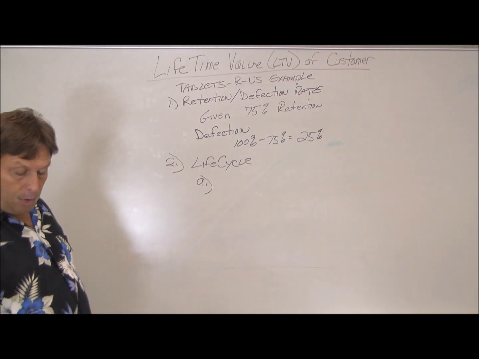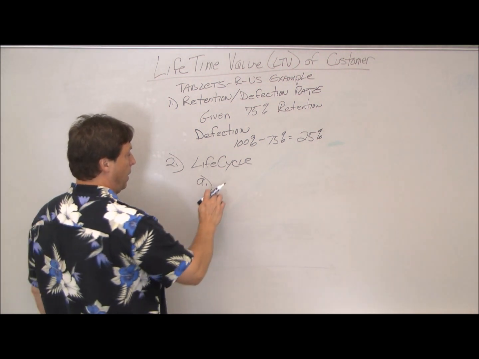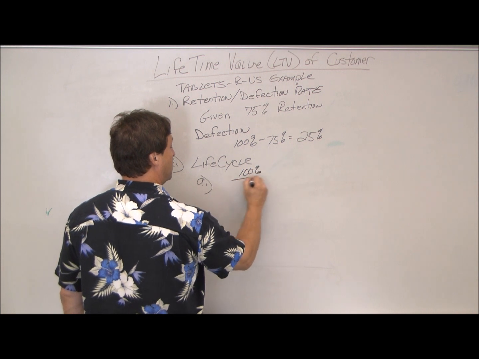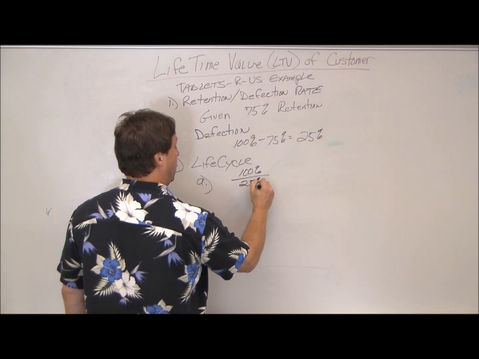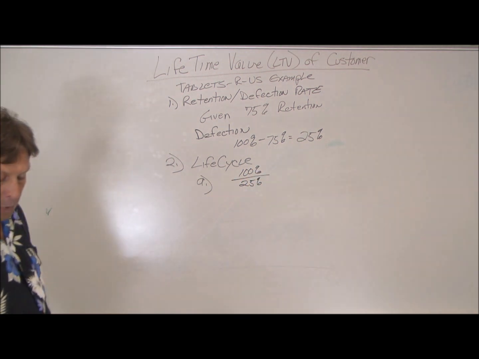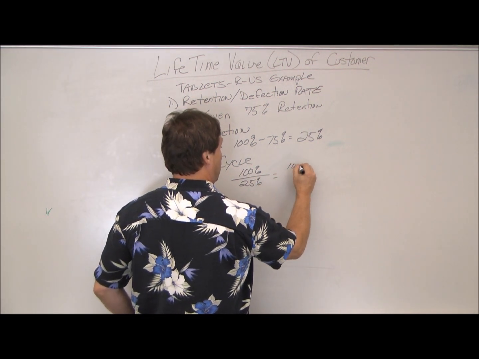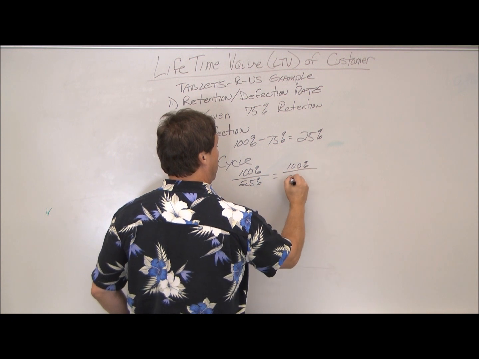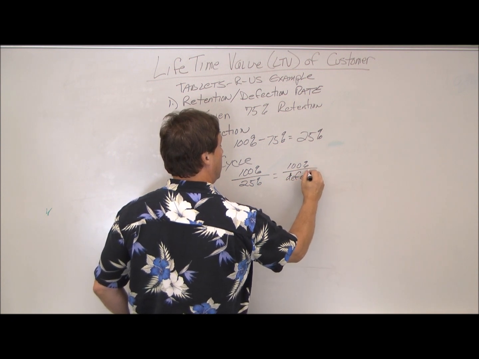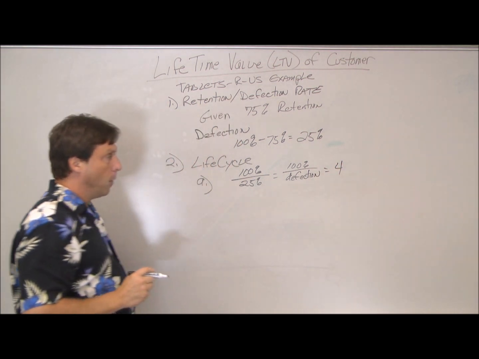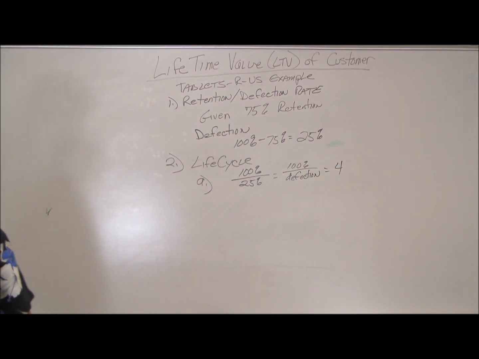So our life cycle is 100% of our customers divided by the 25% that defect. So it's 100 divided by the defection rate. In this case, it equals 4. We could do one other thing.